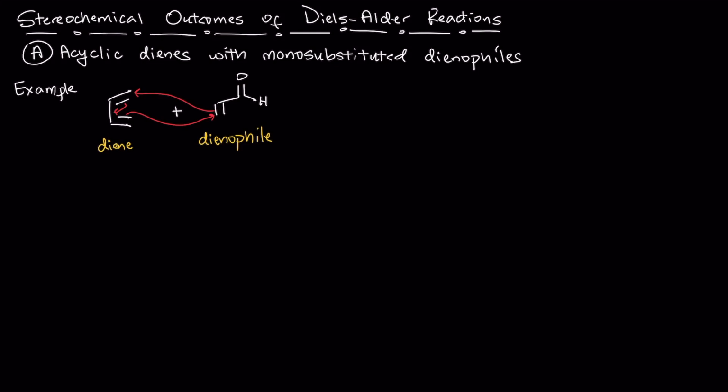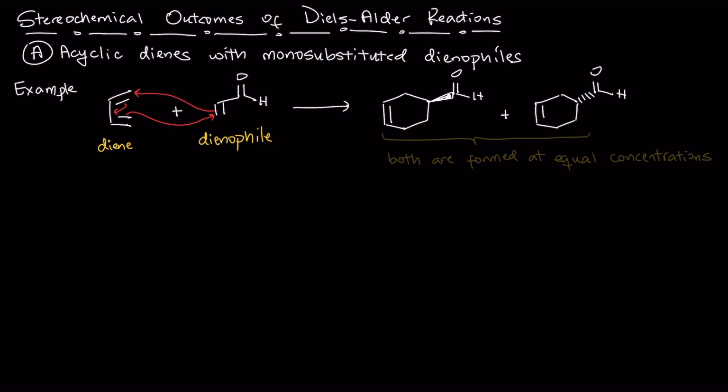And here is a curved arrow mechanism for this reaction, once again. And so our product will end up looking like this. And notice we have two stereoisomers of our product, one where that aldehyde functional group is sticking out towards us, so it's wedged, and the other where the aldehyde functional group is going away from us.